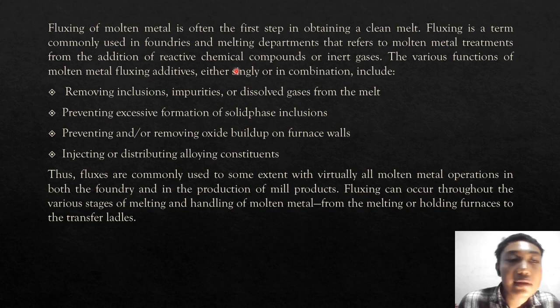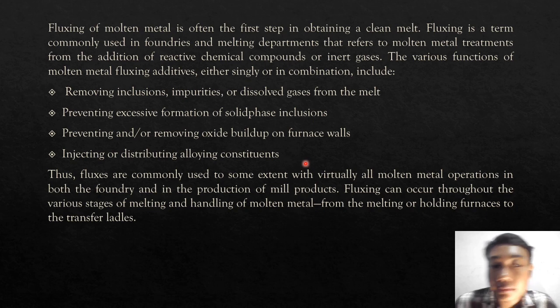The various functions of molten metal flux additives, either singly or in combination, include removing inclusions, impurities, or dissolved gases from the melt, preventing the formation of solid phase inclusions, preventing and/or removing oxidized product on the furnace wall, and adjusting alloy constituents.